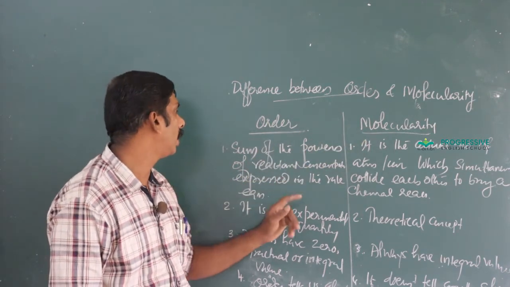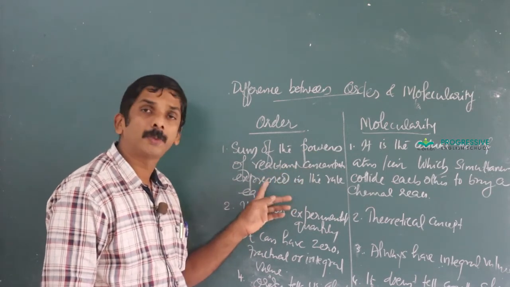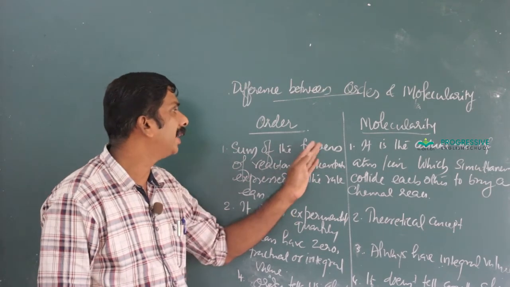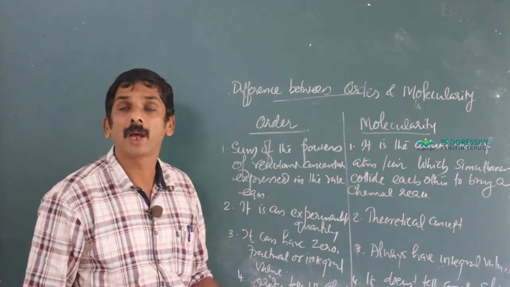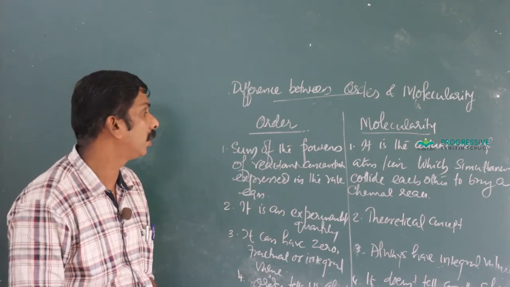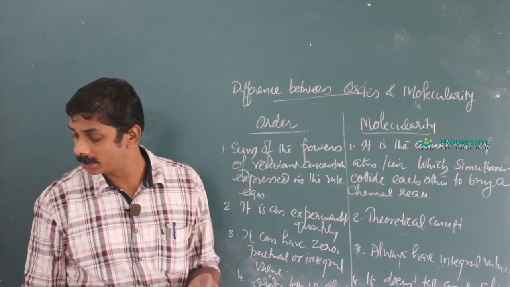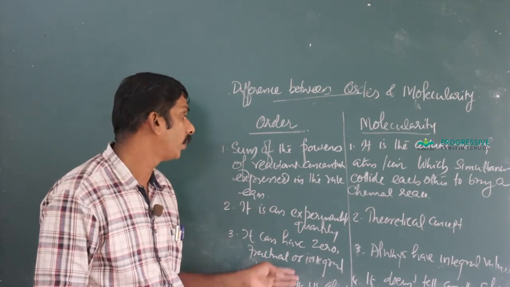Order, molecularity. Sum of the powers of reactant concentration expressed in the rate equation is called order. It is the actual number of atoms or ions which simultaneously collide to bring a chemical reaction is called molecularity. Order is an experimental quantity. It is determined through experiment and it can have zero, fractional or integral value.